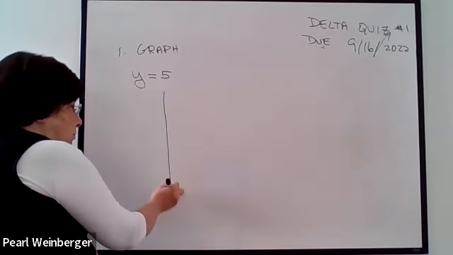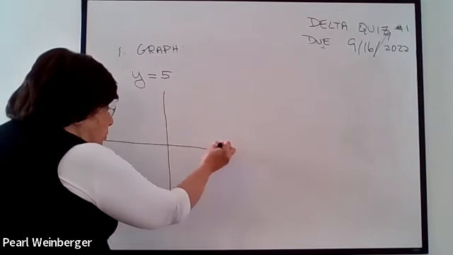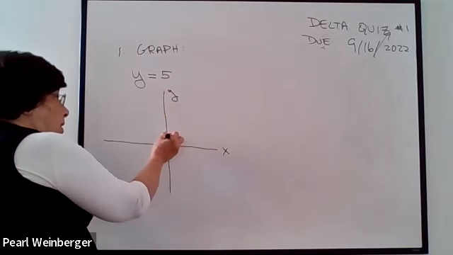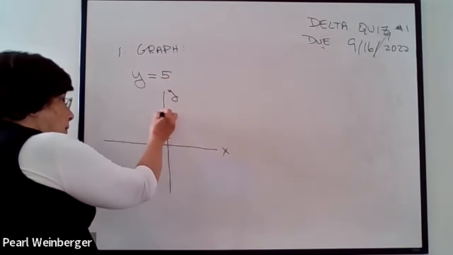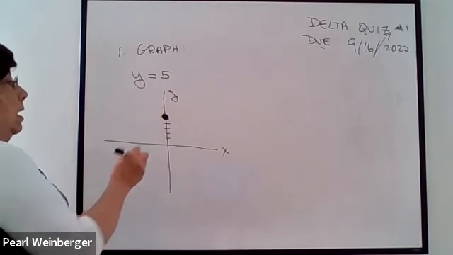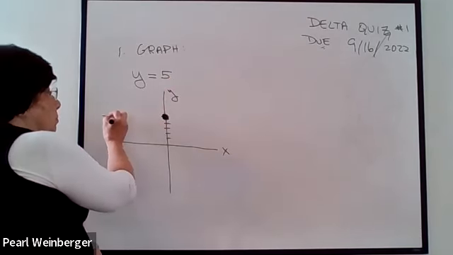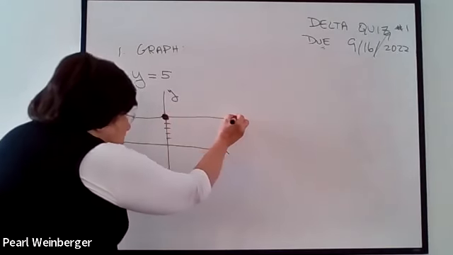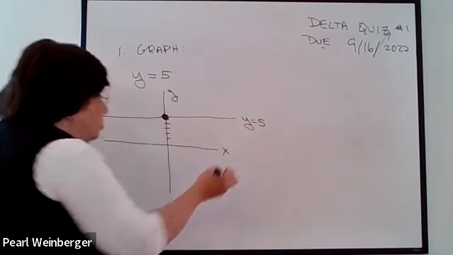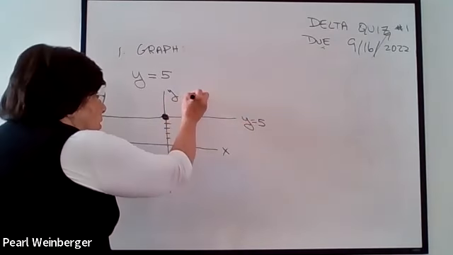Well, it's really quite easy. On your piece of graph paper, you go up to 5 on the y-axis, and you draw a line straight across. This is called a horizontal line.